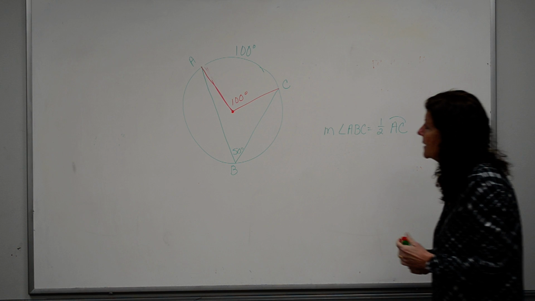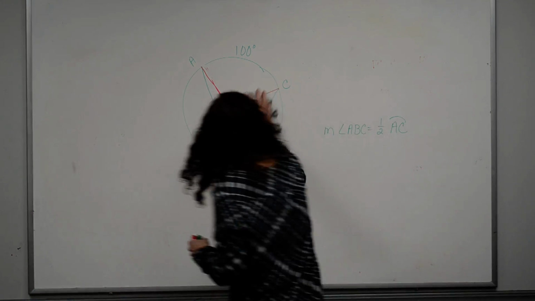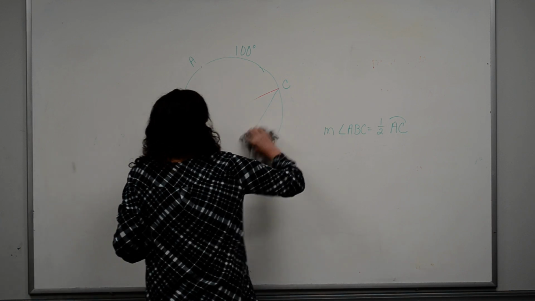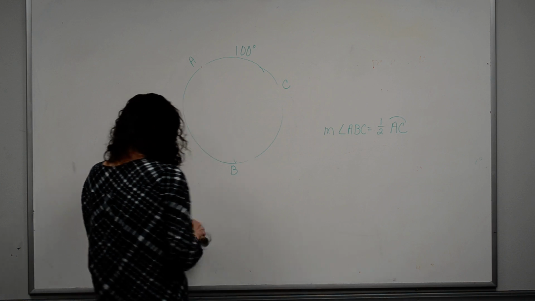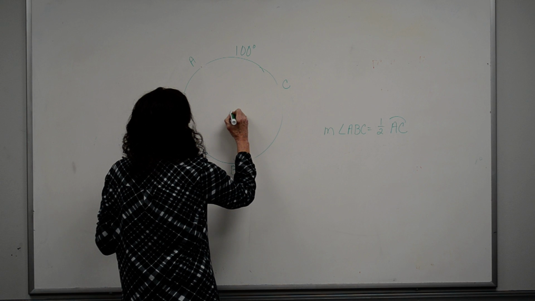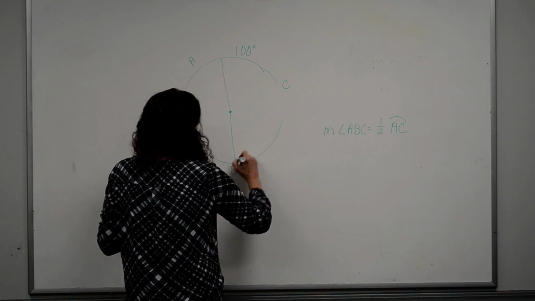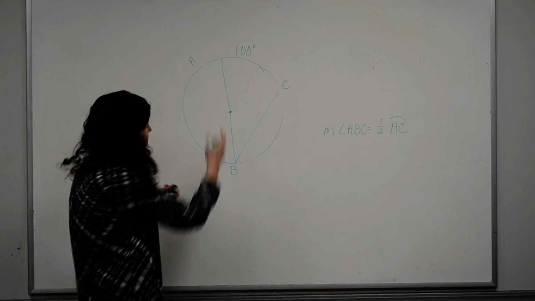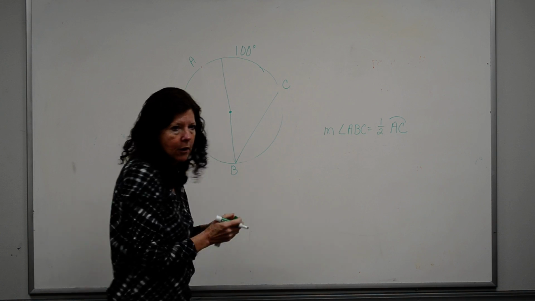Now this becomes really big, and I think they waste a lot of effort here, because they want to show you something. The inscribed angle can go right through the center, doesn't matter. It's still half of that arc.